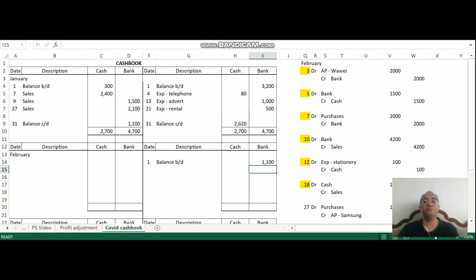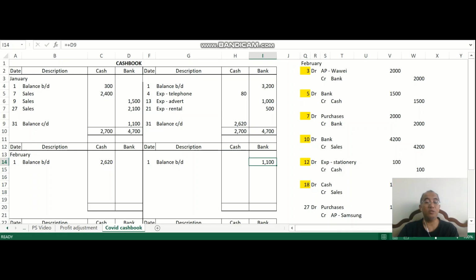And then there's no cash, 0, no need. But this one, okay, we have balance b/d. Do we have anything on cash? Yes, we have 2620. So we just take 2620 to be put here. But for our bank, no, because the bank has already overdraft here. Okay, now we can move on.